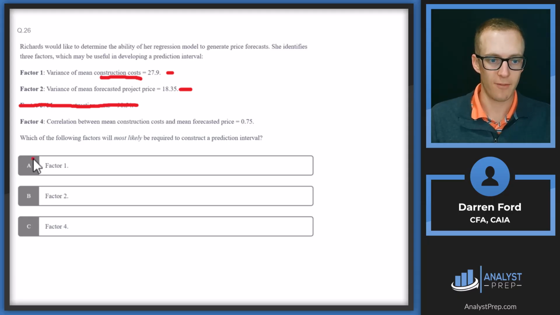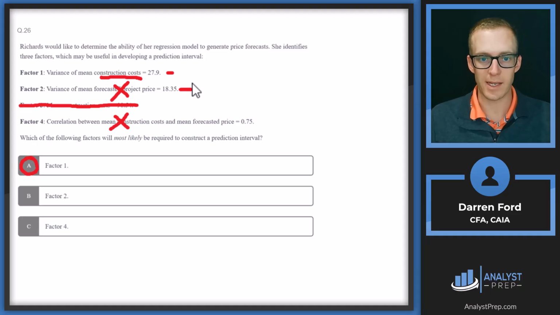So we're going to be looking at factor 1. We're not going to be looking at the variance of the projections, and the correlation is also not going to factor into our calculation. We're going to be using the variance of the mean to identify what type of confidence interval we might fall into.